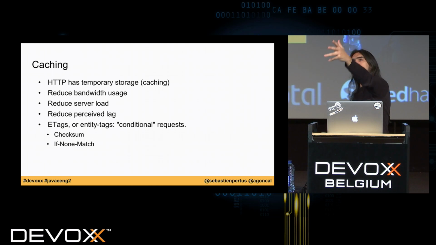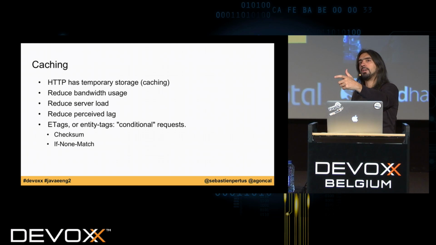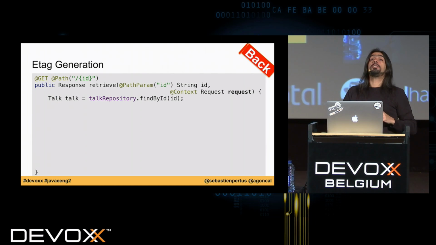So I ask once for the speaker service. I have the checksum 1, 2, 3. Now, instead of just calling the same service, I will say, by the way, I'm contacting you again. Give me the representation of this resource if the checksum is different. That's easy to do in JAX-RS on the back end.